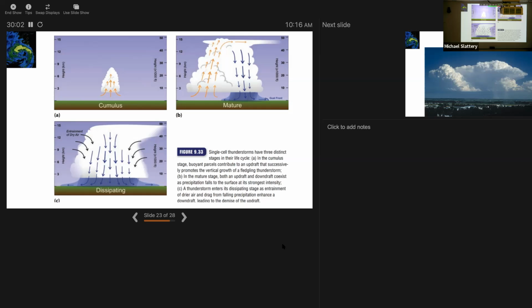All of that falling rainfall and precipitation itself will begin to cut off the updrafts. It also begins to suck in dry air from outside of the storm system. So it's a fairly simple conceptual model and it works well. Cumulus, mature, updraft, and downdraft. And the dissipating stage is when the storm begins to die out.